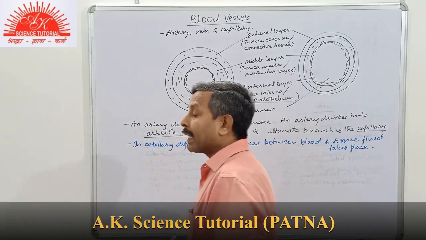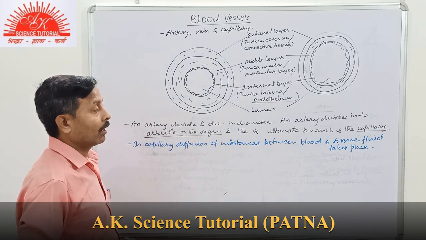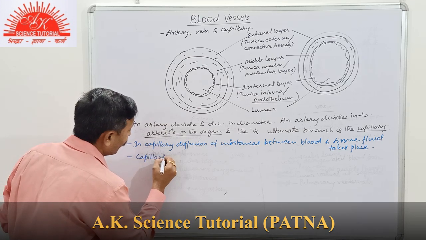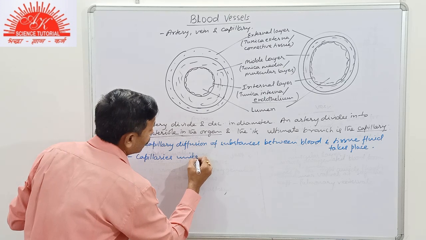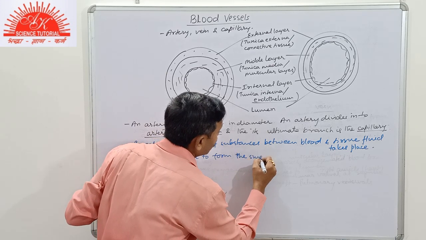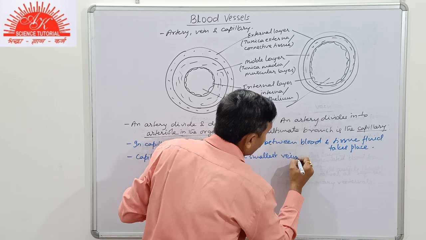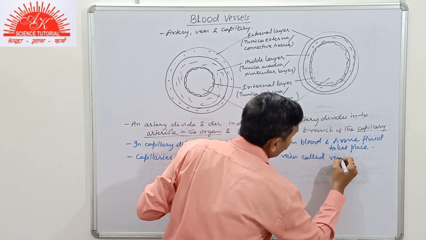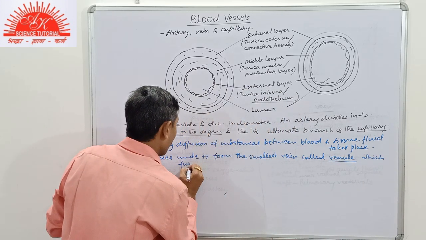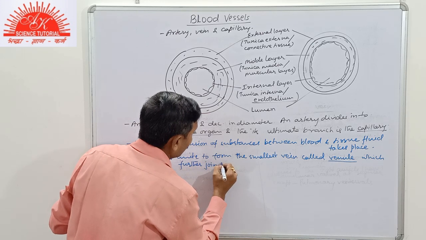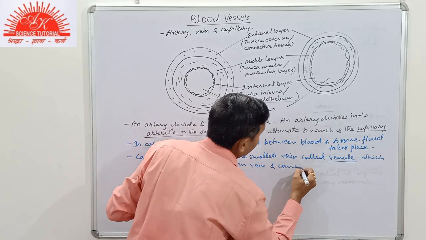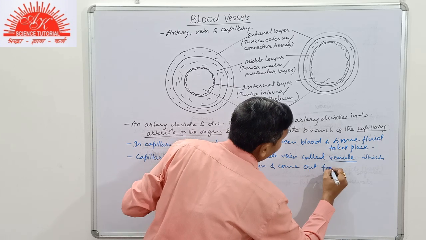So the capillary bed will surround the tissues, and after this function the capillaries unite to form the smallest vein called a venule, which further joins to form a vein and comes out from the organ.